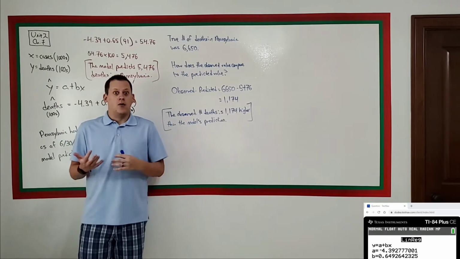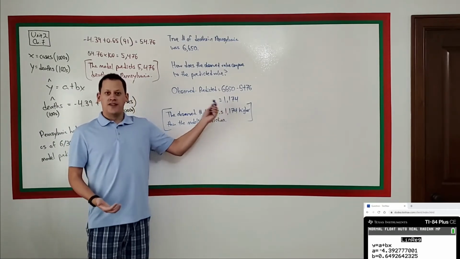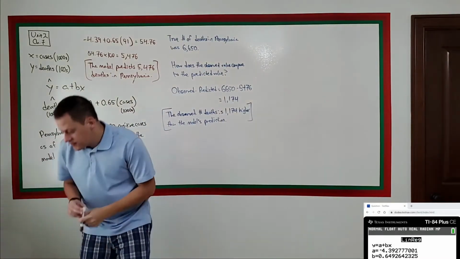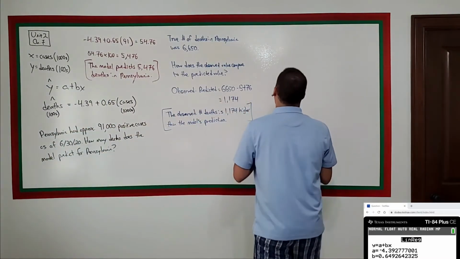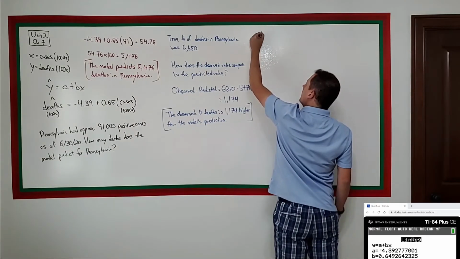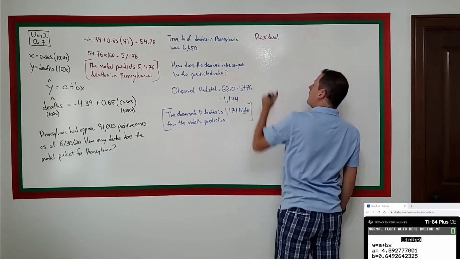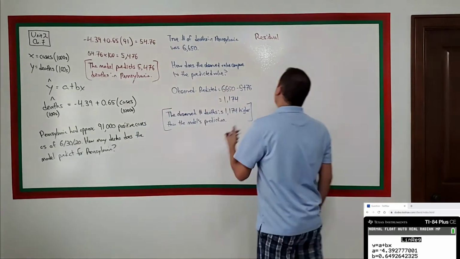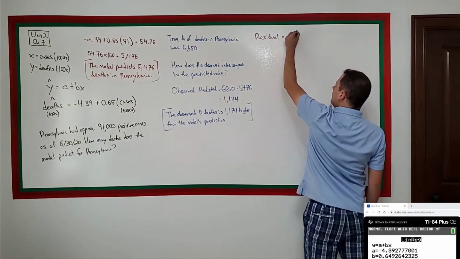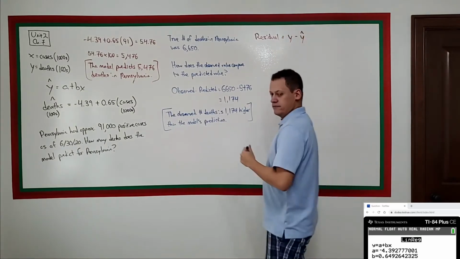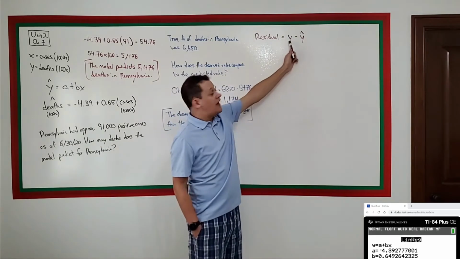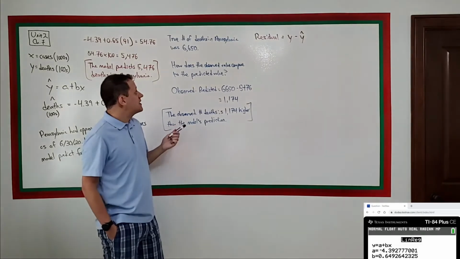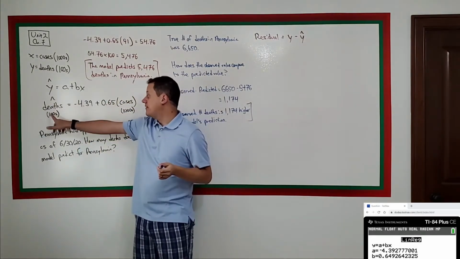And in fact, we actually have a name for the difference between these two values. We call it a residual. Its calculation is quite simple. We take the true value of the response variable, which in this case is deaths. That's the y.